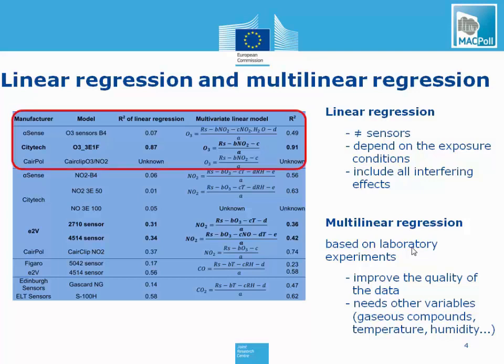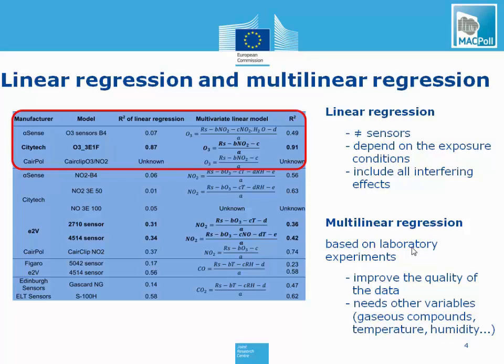Let's focus a little bit on ozone, which was the most efficient. The O3A1F sensor gives the best result. Using only linear regression, we achieved a correlation coefficient of 0.87.